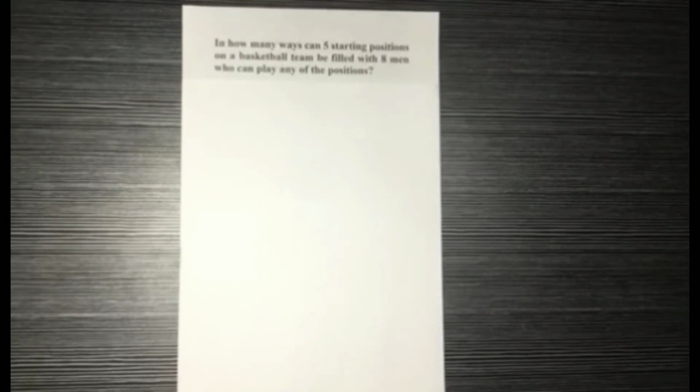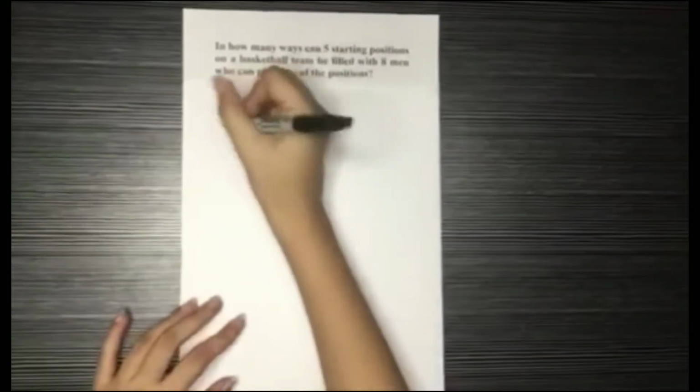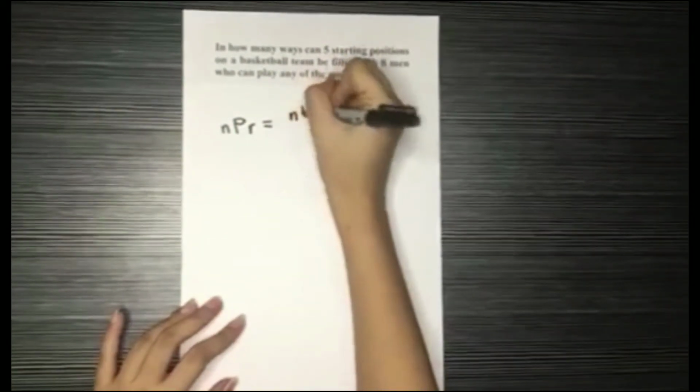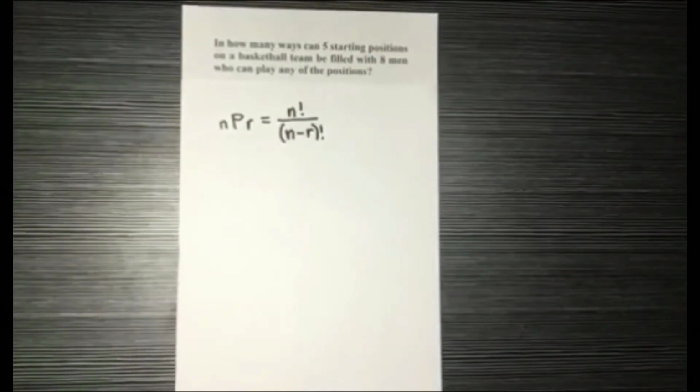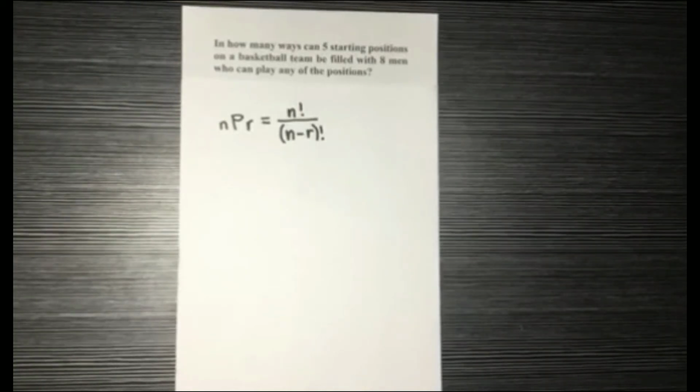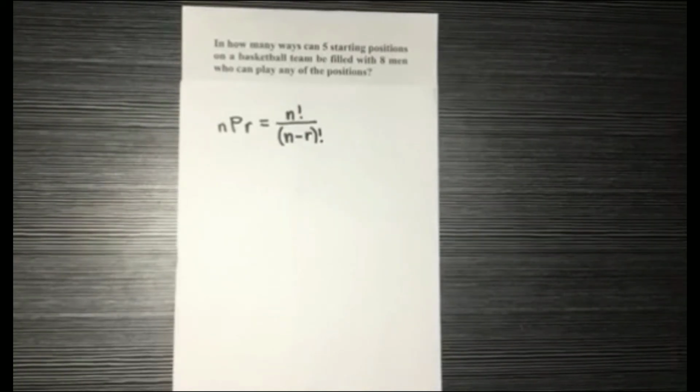According to Theorem 2.2, the number of permutations of r objects taken from a group of n objects is nPr. In our case, n is equal to 8, which represents the group of basketball players from which we choose. r is equal to 5 players to fill the starting positions.